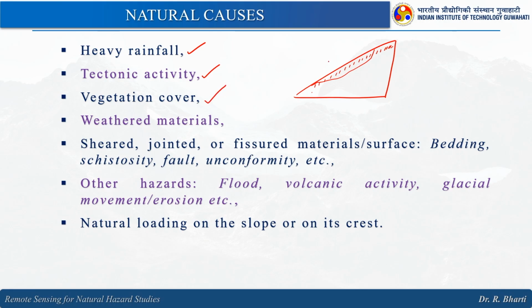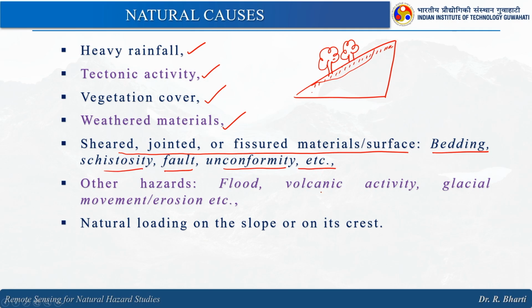Then vegetation cover, if there is a growth of the vegetation here, that will also change. If there is a removal of existing vegetation under which it was stable, then also it is going to fail. Then weathered material, so the weathered material will have less strength. Then sheared, jointed or fissured material surface, like bedding, schistosity, fault, unconformity, that will also have less stability, right.